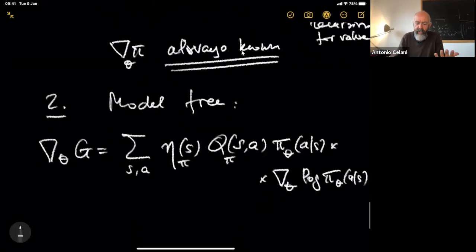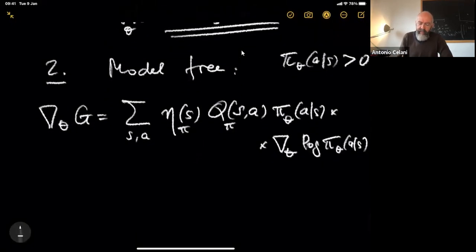The only thing I have to require is that my approximation pi theta is everywhere strictly larger than 0. Otherwise, the logarithm doesn't make any sense. Okay. What I'm doing here is, in fact, multiplying and dividing by the policy. So this is a simple algebraic step.